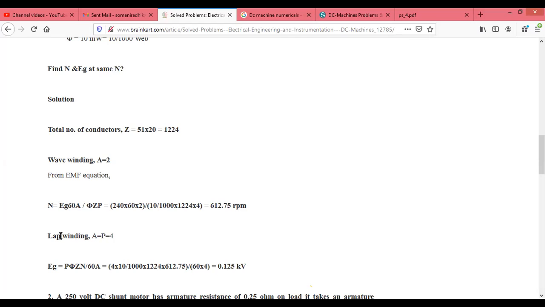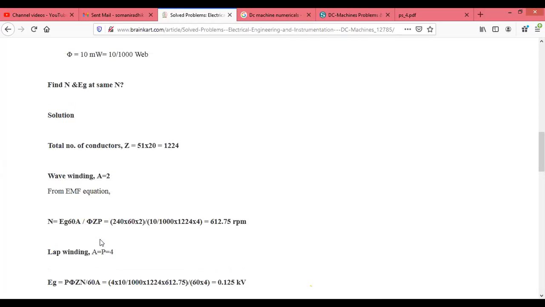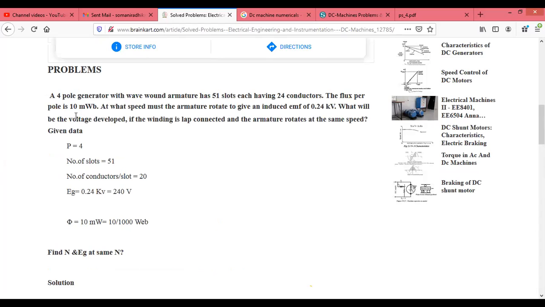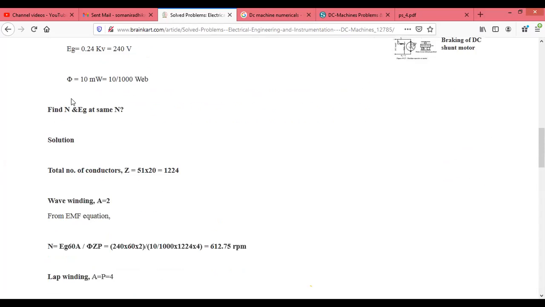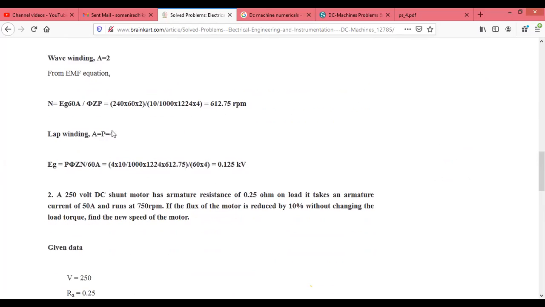If lap winding is used, they have given a 4 pole generator, so you can take A equal to P equal to 4. If there is wave winding, you can take A equal to directly 2. If you solve for generated EMF with lap winding, you will have the equation with P, phi, Z and 60A.